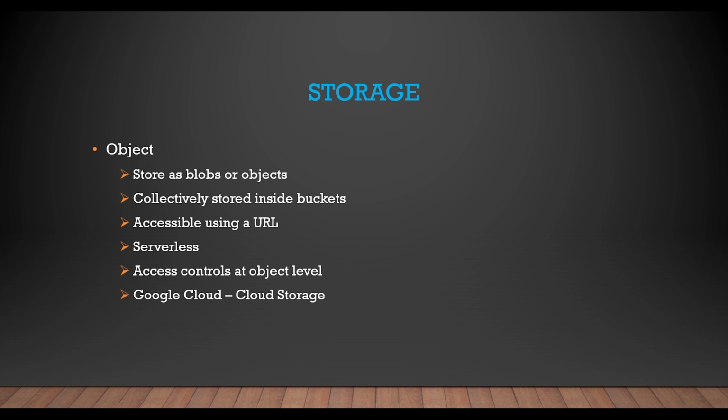Each object is individually addressable by a URL, so you can access it using its own URL. And Cloud Storage is a serverless service, so you don't really manage the infrastructure. You don't need to create any virtual machines or attach any storage to them. The object storage provided by Google Cloud is Cloud Storage.